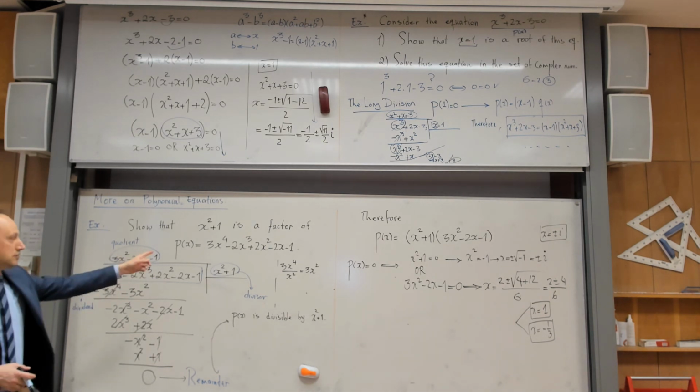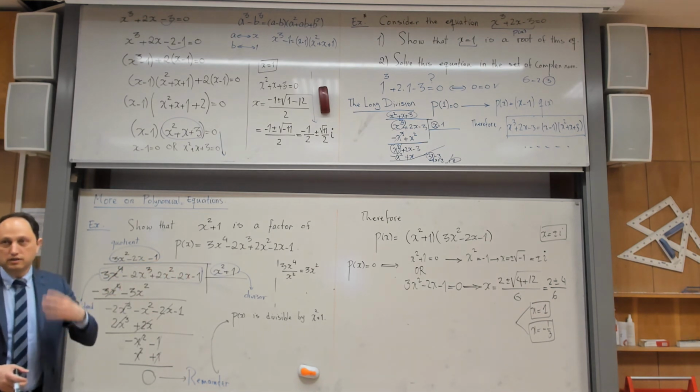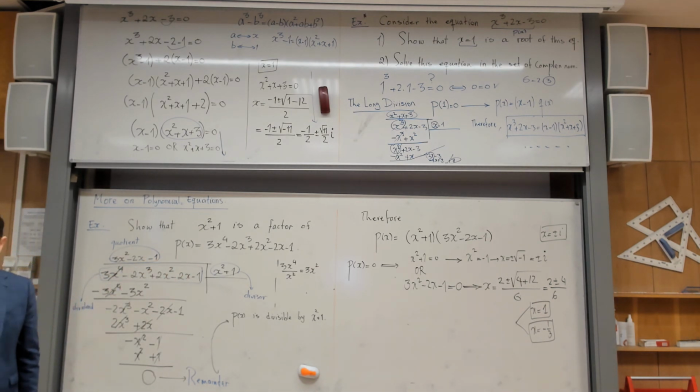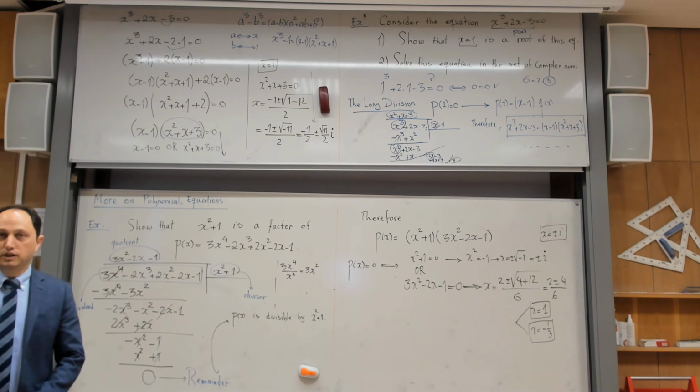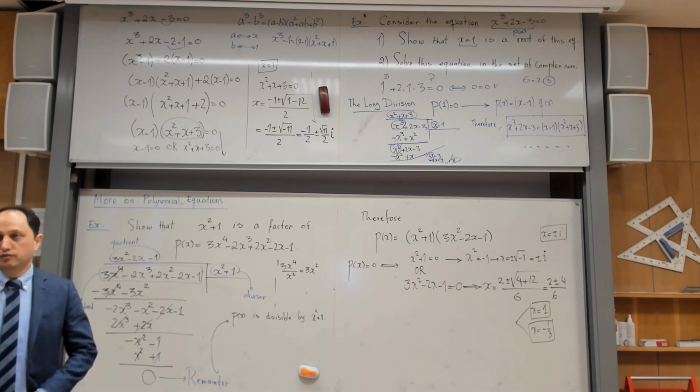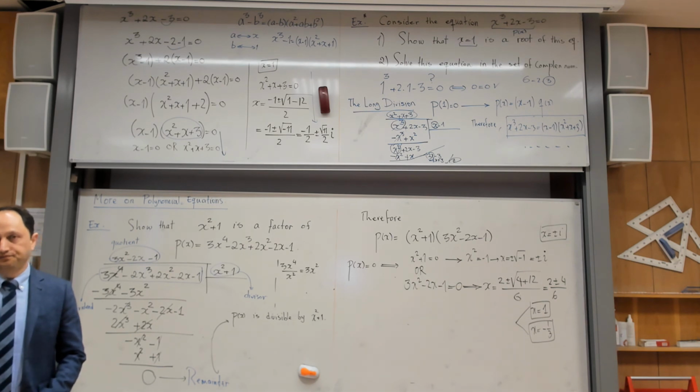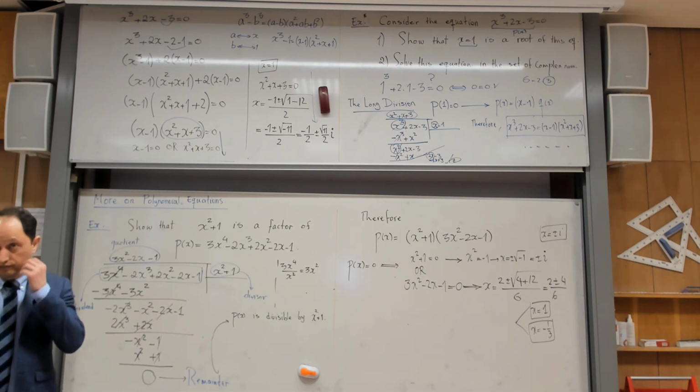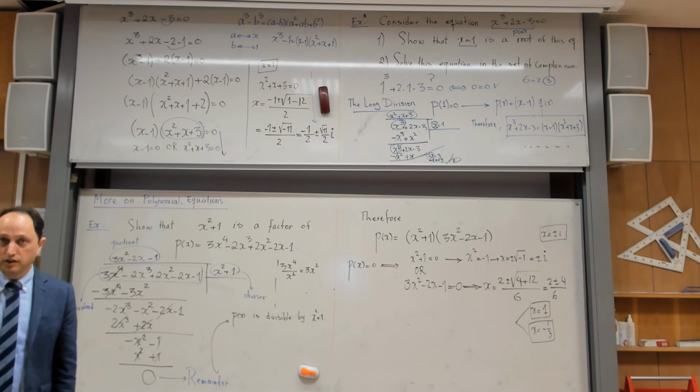But if I draw the graph of this, which one do I get? I will get 2 intersections with the x-axis or 4 intersections with the x-axis. Definitely I will get 2, yes?